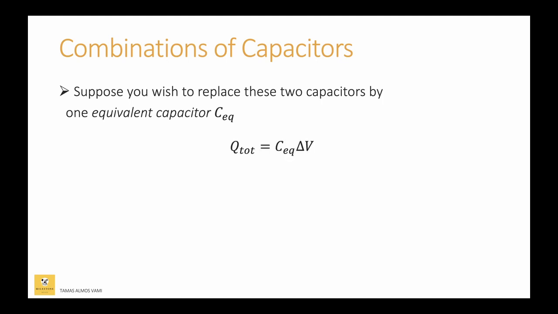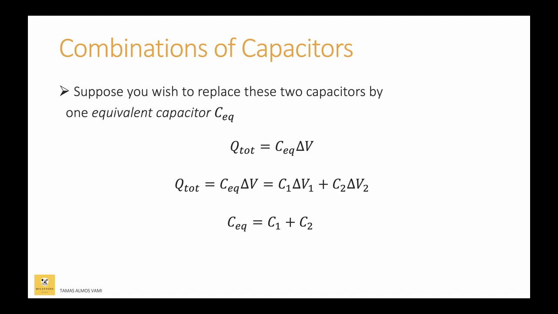Well, the total charge is then going to be the CEQ multiplied with the delta V, which is coming from the battery. So that means if we want to replace them, then the CEQ delta V is going to be the same as the C1 delta V1 plus the C2 delta V2. And so the outcome of this is that in a parallel system, the voltage difference will be the same.